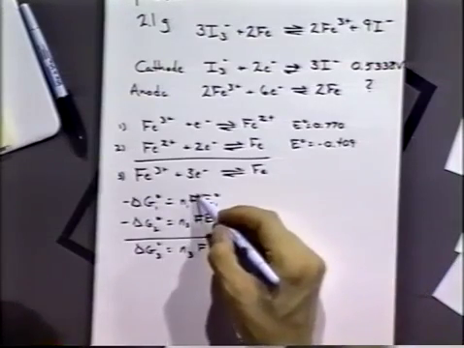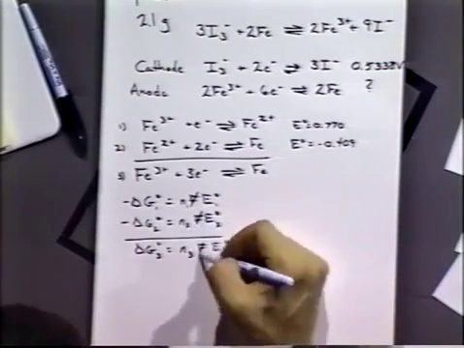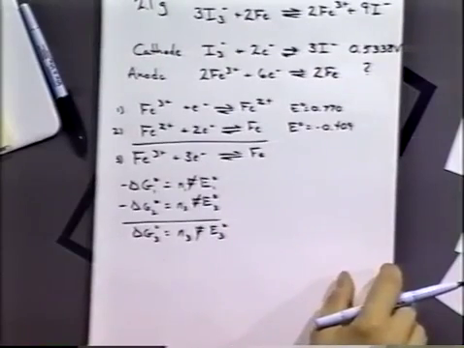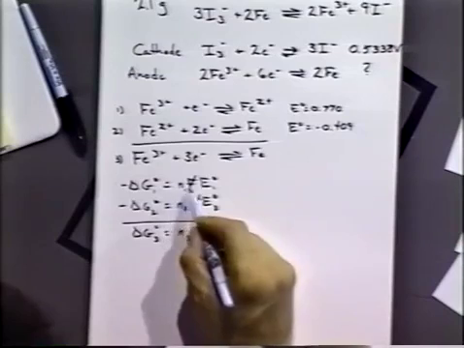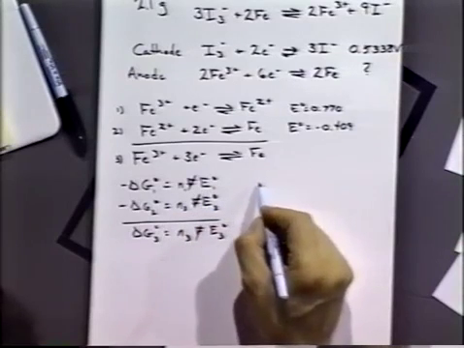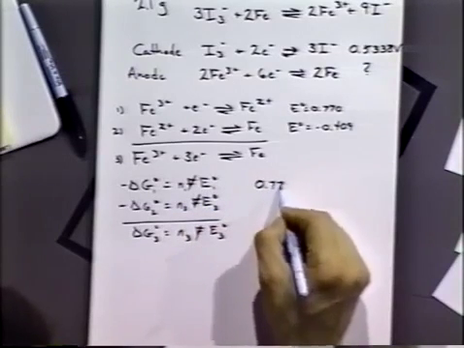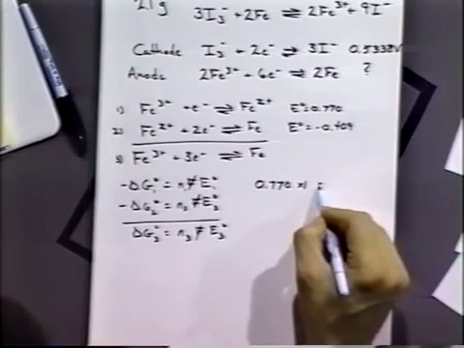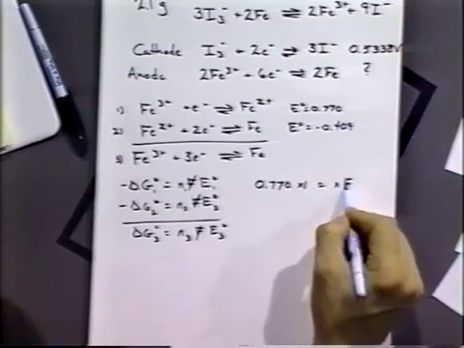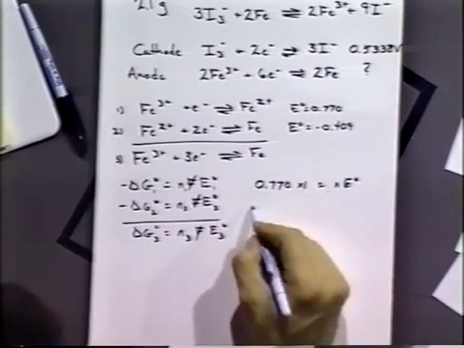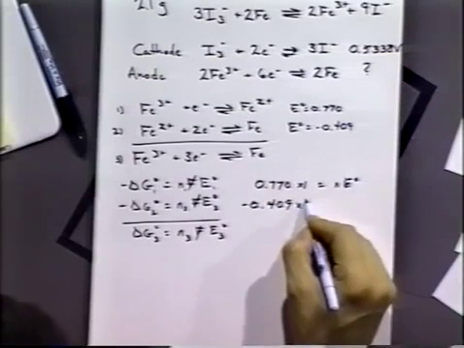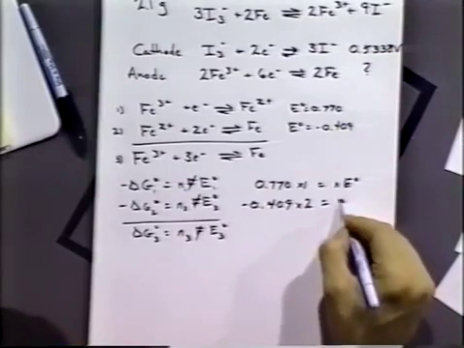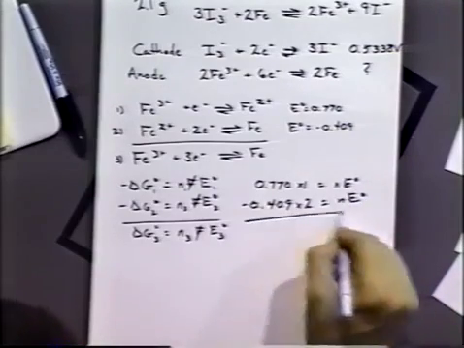Now the Faradays do not change, so we can immediately remove those effects. But in order to add the delta G's, we can multiply the number of electrons times E0. For the first reaction, 0.770 times 1 is equal to nE0. And the second one would be minus 0.409 times 2 is equal to nE0.